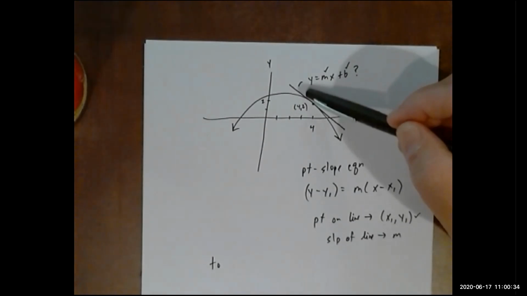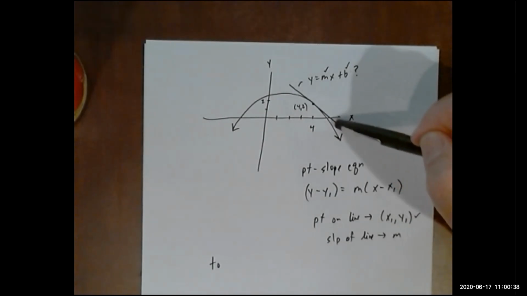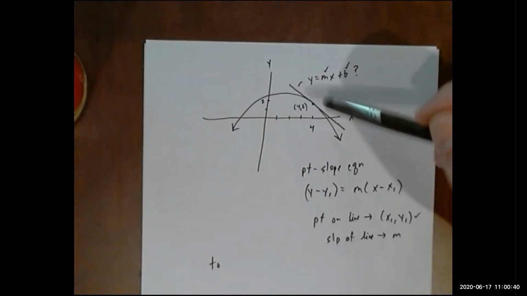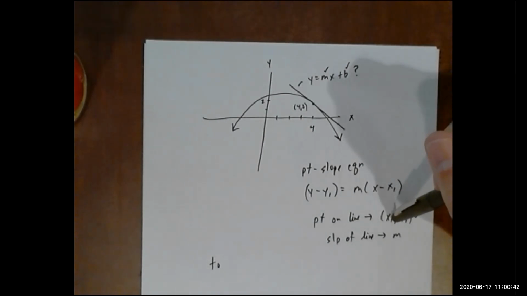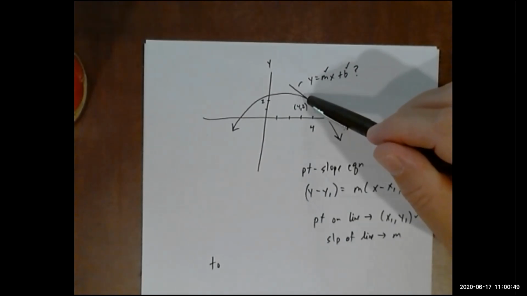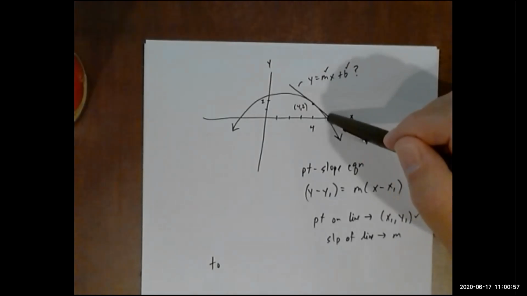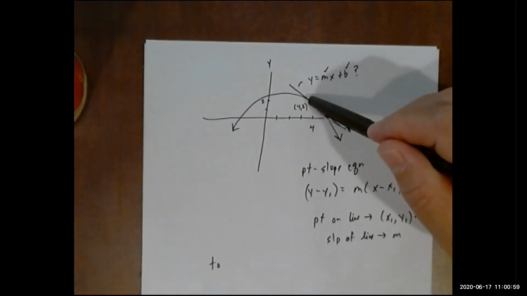So to summarize, I'm looking for the equation of this line. I've decided if I know a point on the line and the slope of the line, I can determine the equation. Well, I know the point. Matter of fact, they give me the point. That point is both part of the line and part of the curve or the graph.